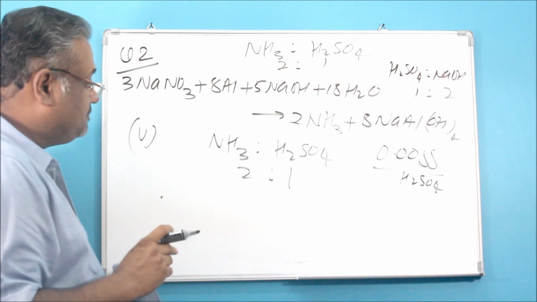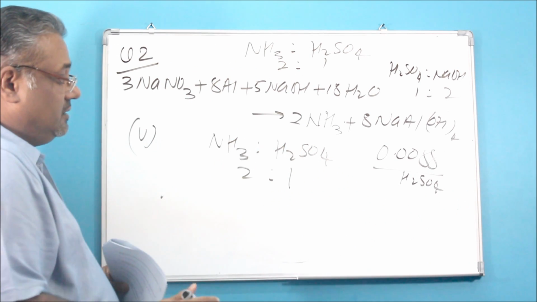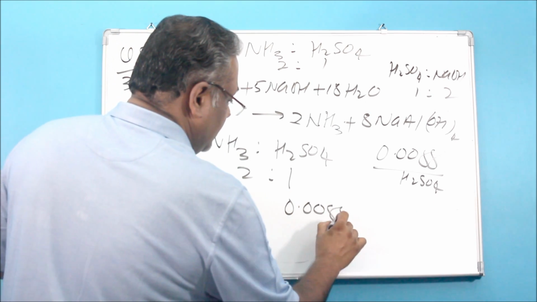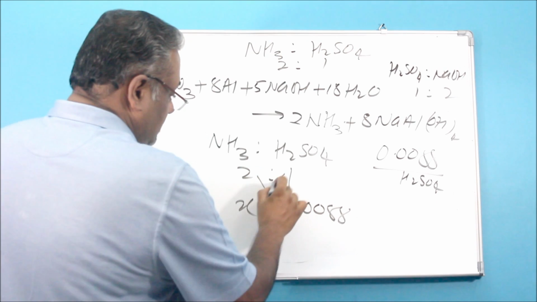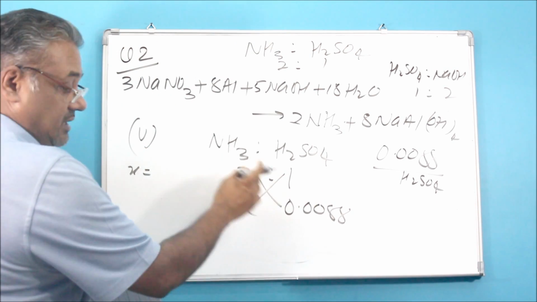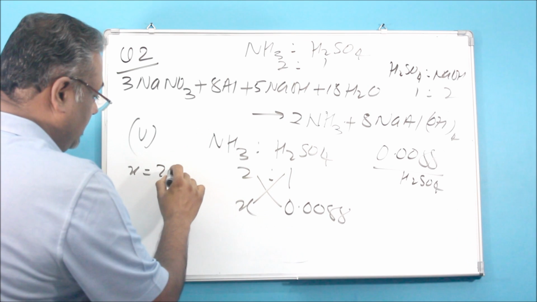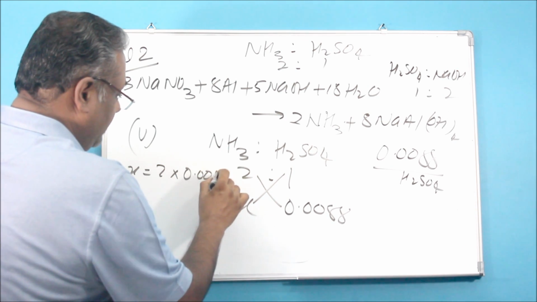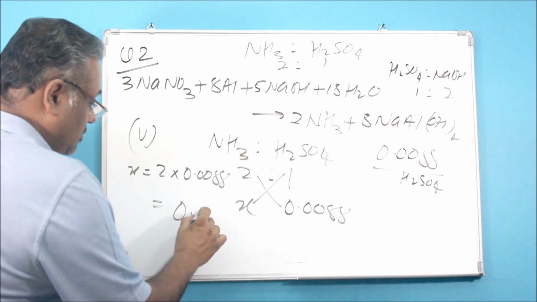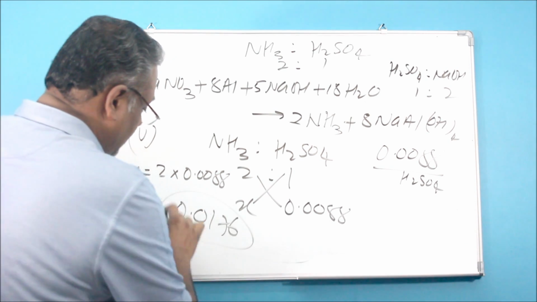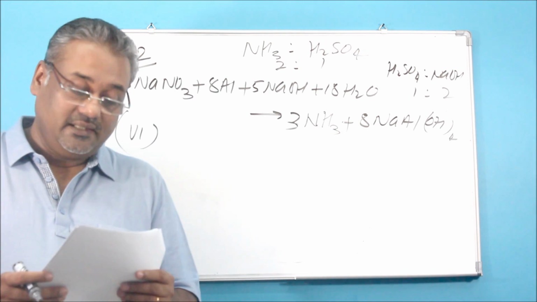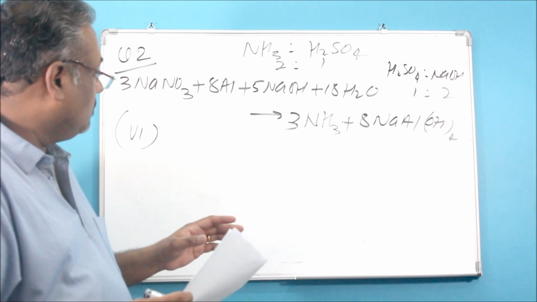So if you put all the values in, my moles of H2SO4 is this, and that becomes X. If I cross multiply, obviously that will be 2 times that, so 2 into 0.0088, and that's how we get 0.0176 as the answer.